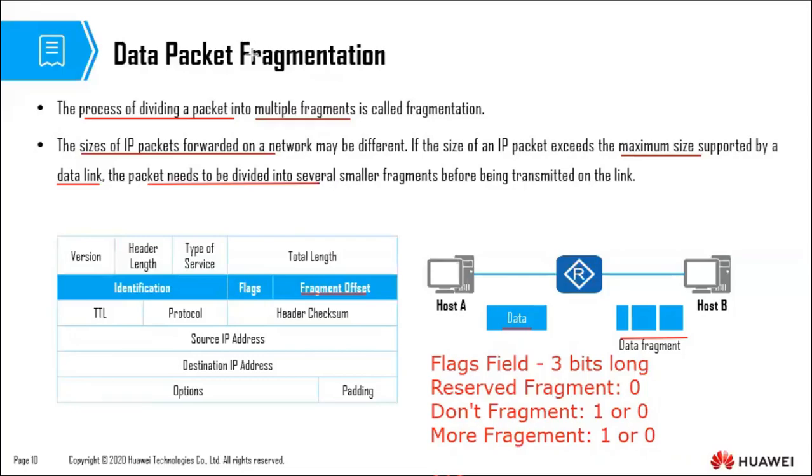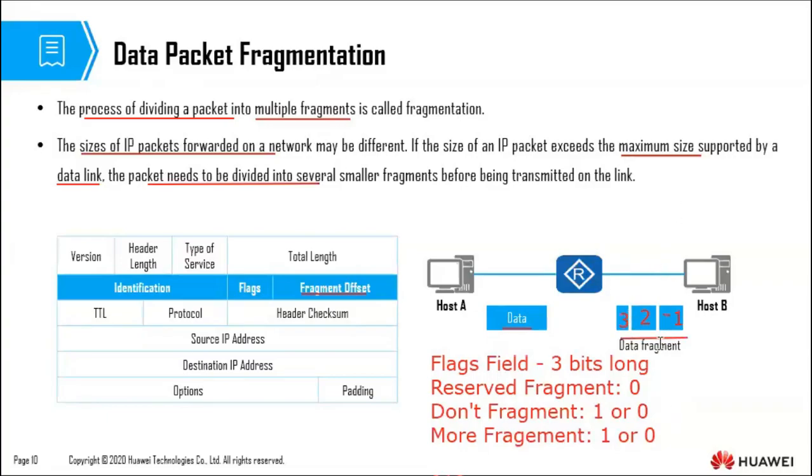By that we mean the fragment offset. For example, this is fragment number 1, this is fragment number 2, this is fragment number 3, like that.